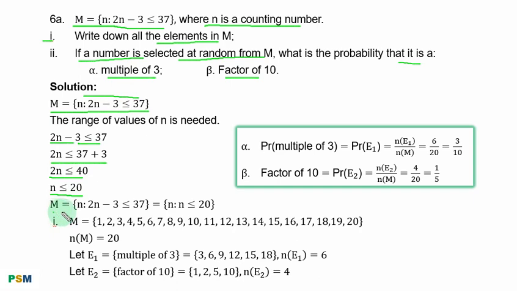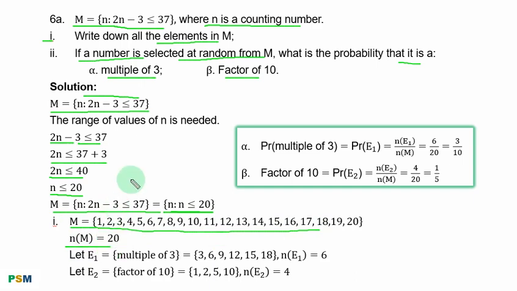The set M is therefore written in this form. So from here, the range of values of n will be from 1 to 20. So set M is equal to this. You have 20 elements.